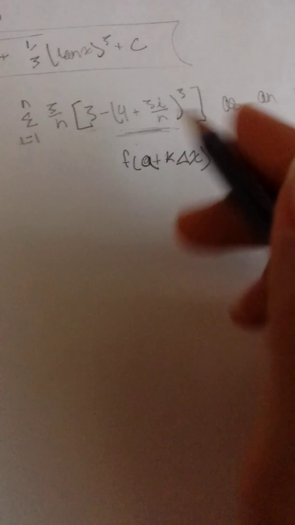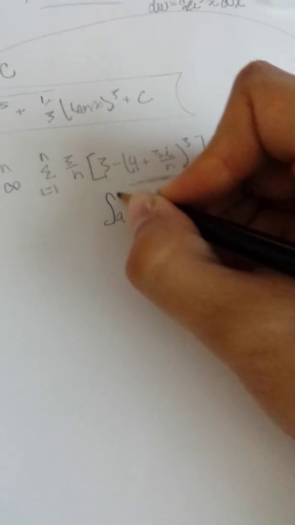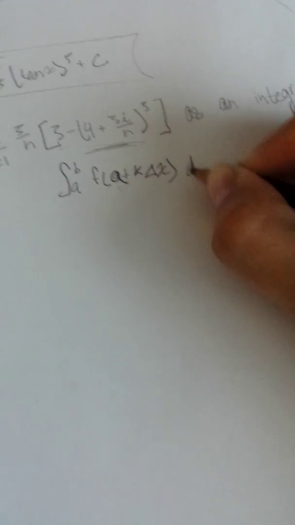So basically what you can see right away is that 4 is going to be your a. That's your starting point for your interval. This is the full equation. This is what we need to write it as. Okay, so you have your a, we need to find our b, we'll find that later.